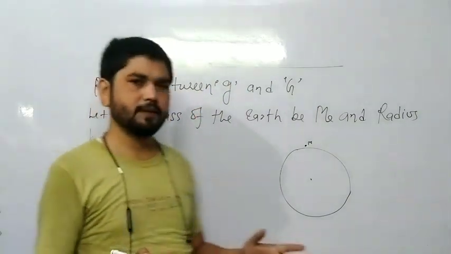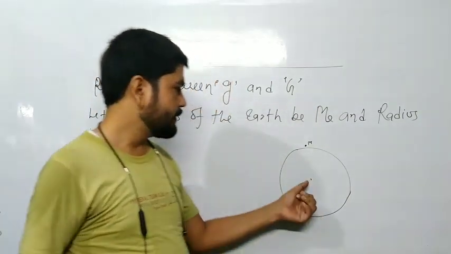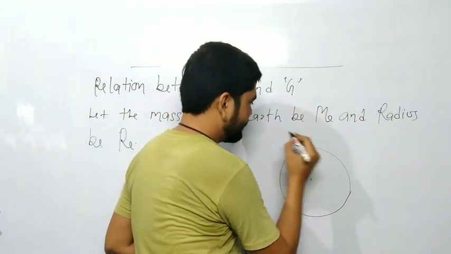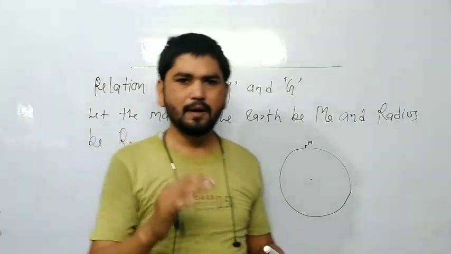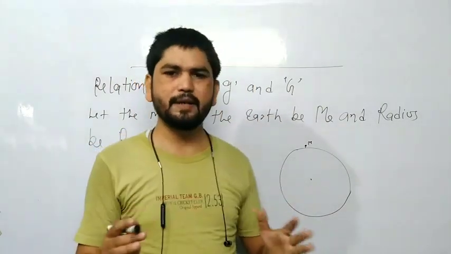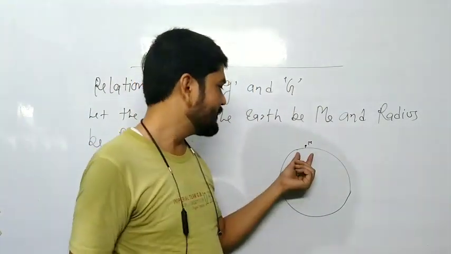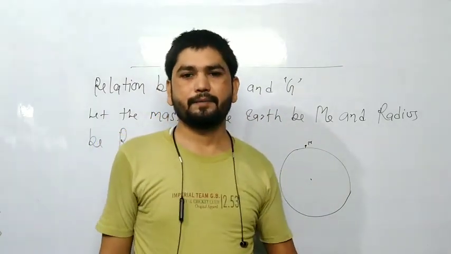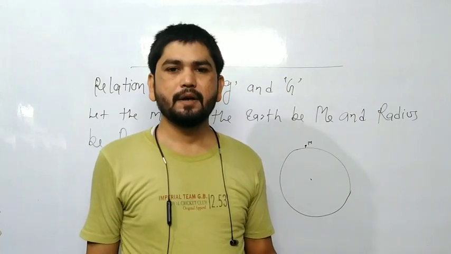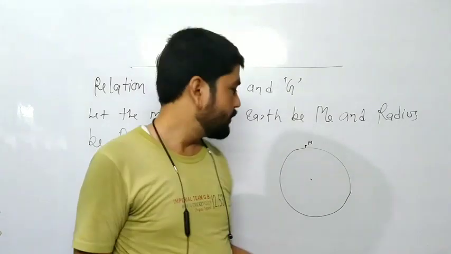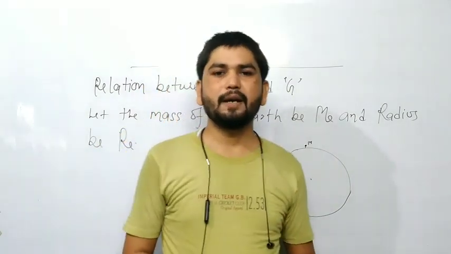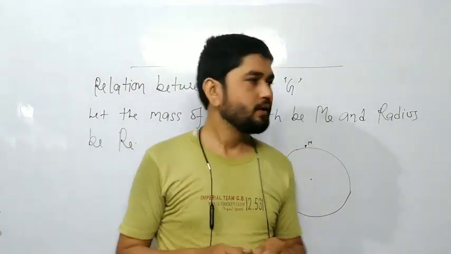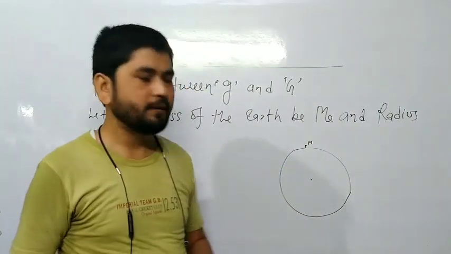This object is at a very small distance from the Earth's surface, and this is very small with respect to the radius of Earth, because the radius of Earth is 6,400 kilometer. So we can take this distance as negligible.